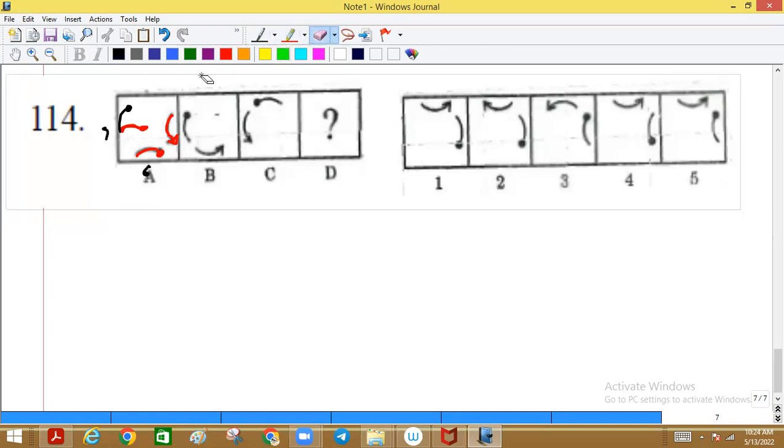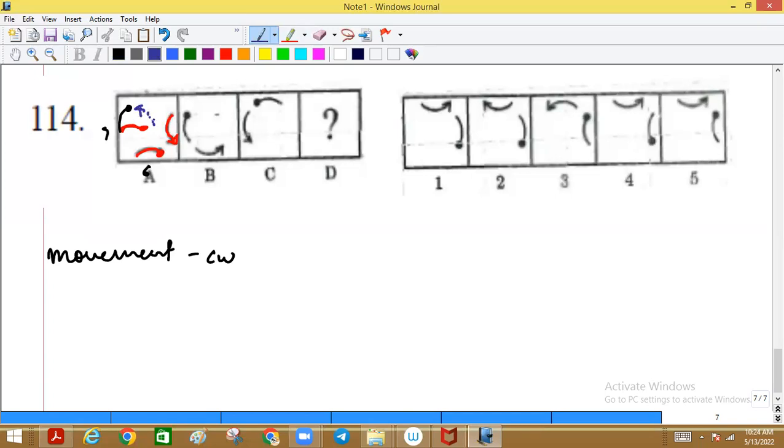Now, after going here, it rotated, right? It rotated in this direction. Is the rotation clockwise or anti-clockwise? Anti-clockwise, because this is 12, this is 3. 3 to 12, so anti-clockwise direction.